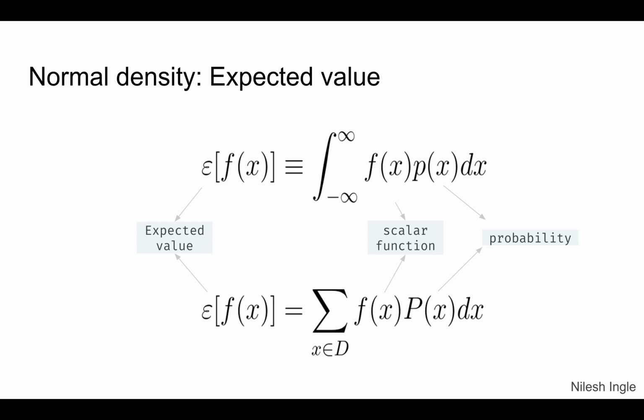So a normal density expected value is given by this relation, where the expected value of f of x is the integral from minus infinity to infinity of the product of f of x and the probability of x. And again, this could be thought of as how many vegetables were there in the image, and this could be thought of as the probability associated.